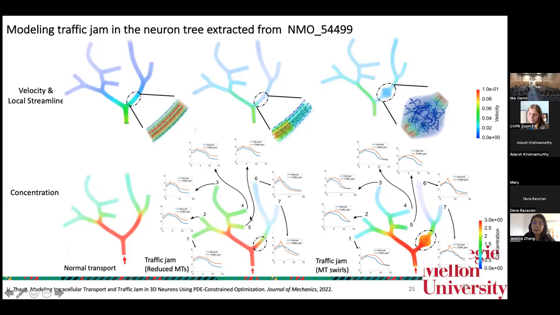And in the concentration profile along the center line, we also observe that downstream of the blocking area, we see the obvious jump. But in the other branches, we don't observe this. The same thing you can see here: number 6, number 7, we have a jump, but here we don't.